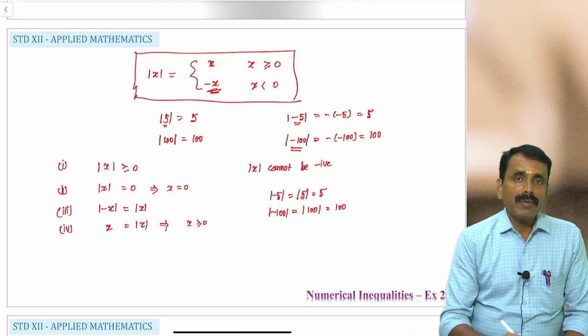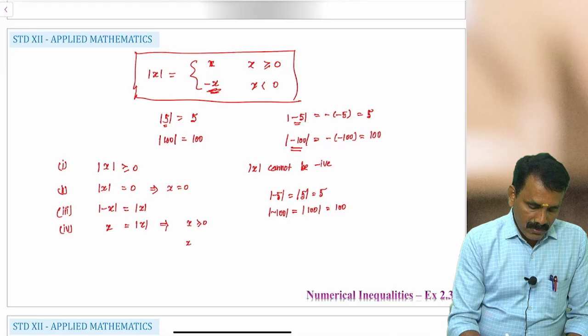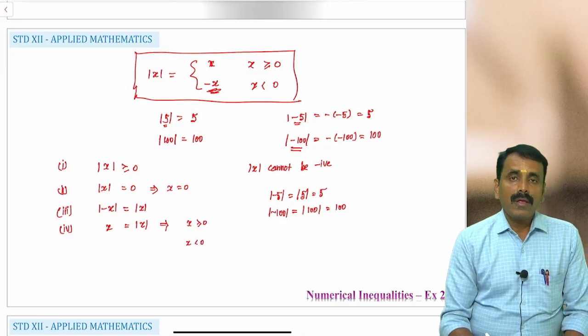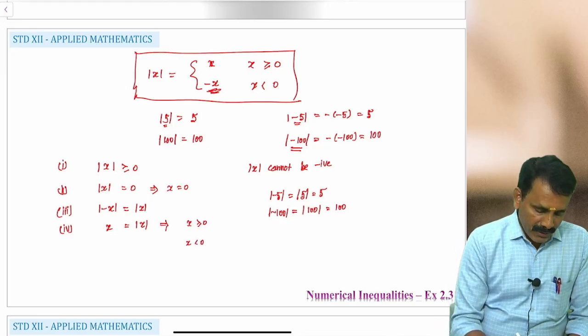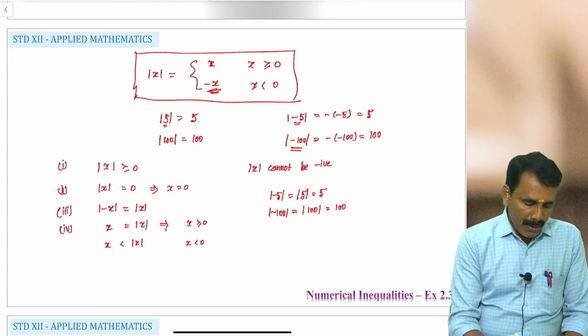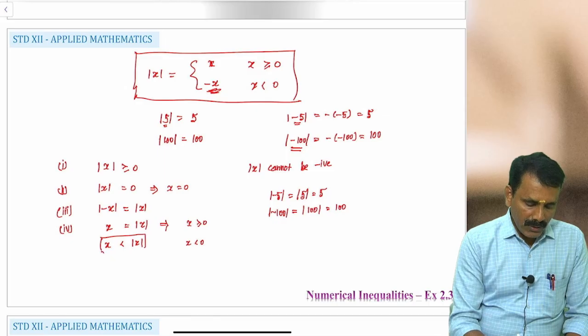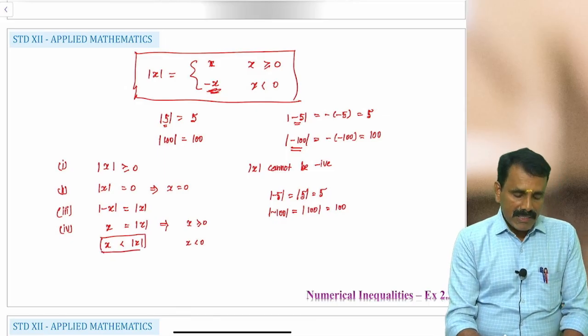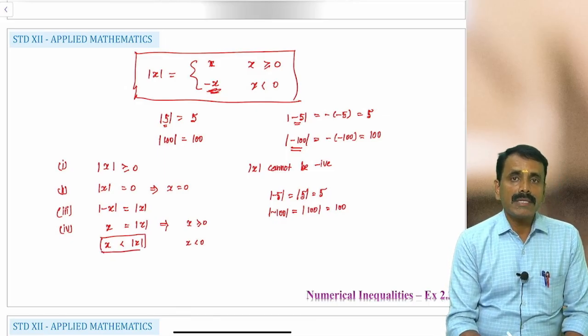What will happen when x is less than 0? When x is less than 0, definitely your x will be less than mod x. So, this property we will be using while solving the inequalities.